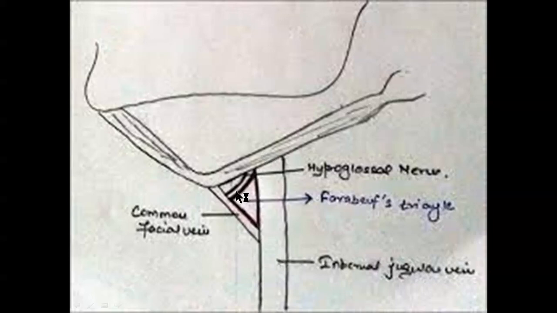All right. Importance of Farabeuf triangle is that bifurcation of the common carotid artery basically takes place inside this triangle, or it's 2.5 centimeter below bifurcation, but it can lie inside this Farabeuf triangle. So, if you want to locate common carotid artery, its main location would be in the Farabeuf triangle.